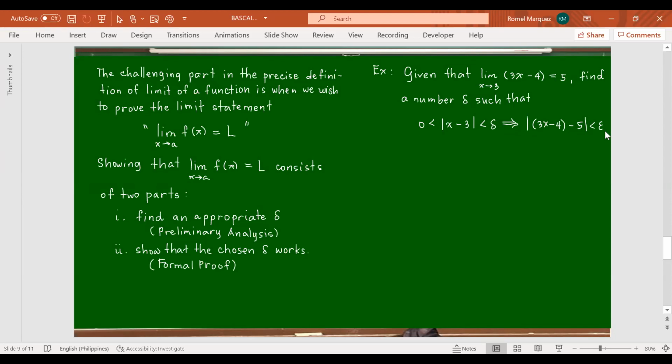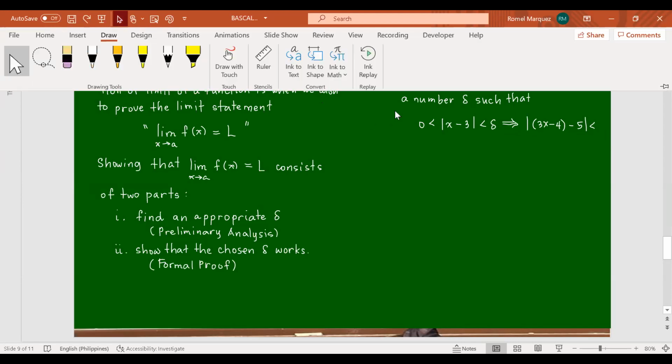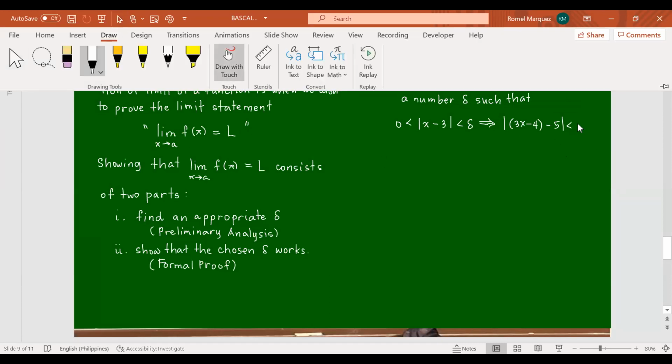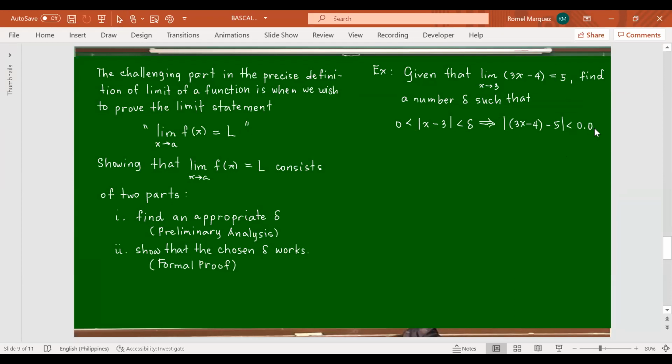Okay, guys? But epsilon, I will put a specific value. Let's say my epsilon is 0.01. Remember, epsilon is supposed to be positive.